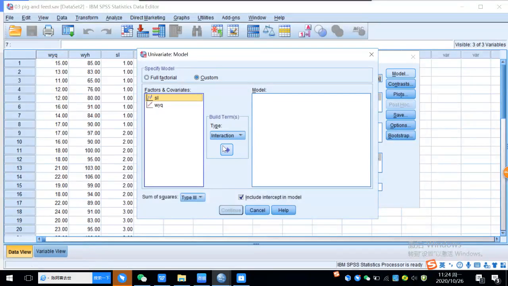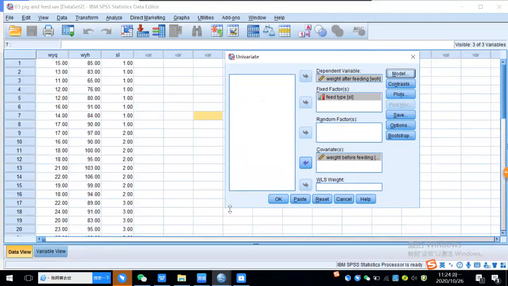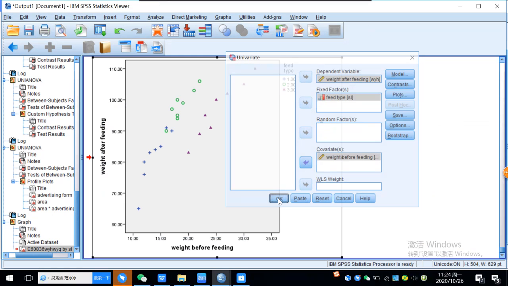Please input the feed type and the weight before feeding, and then continue. Let's look at the result.